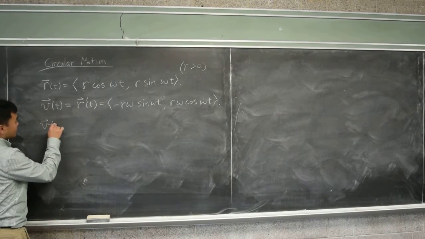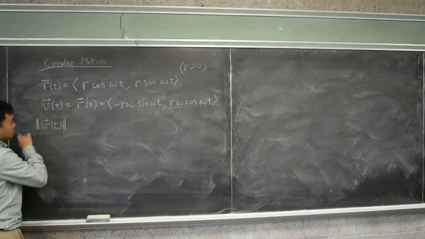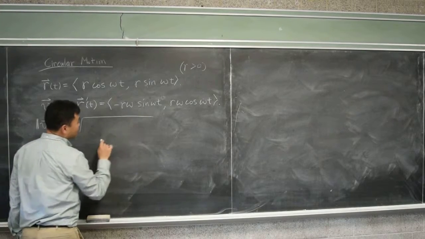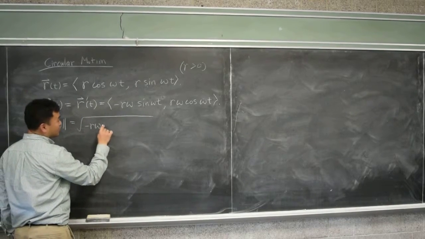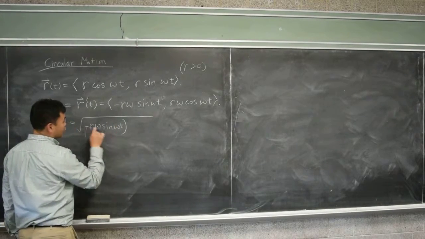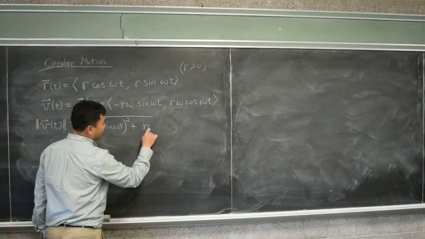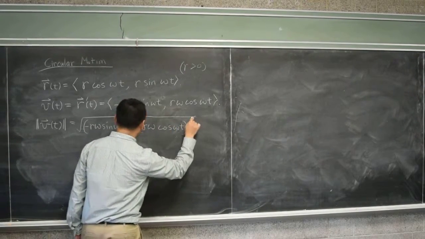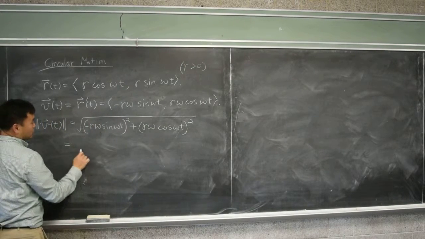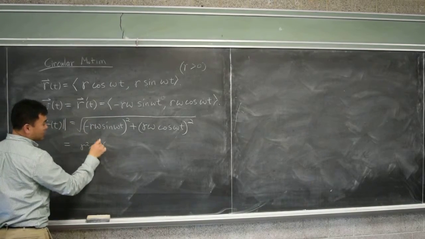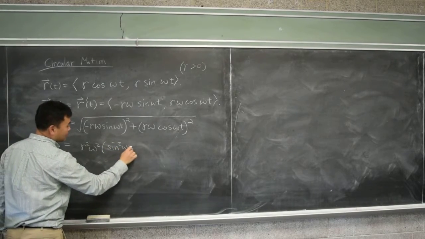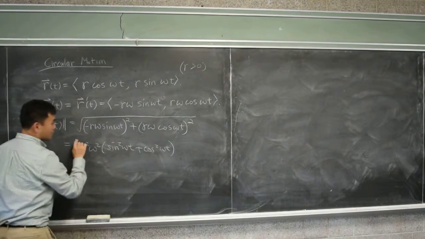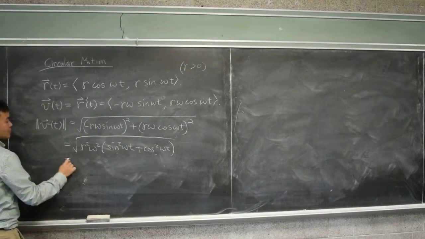But if we calculate the magnitude, if I take the norm of the vector, then it's the square root of negative r omega sine omega t squared plus r omega cosine omega t squared. I can pull the r squared omega squared out, and what's left is sine squared omega t plus cosine squared omega t, which is 1.